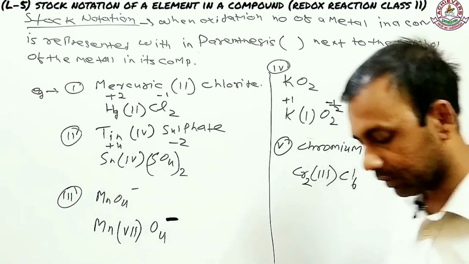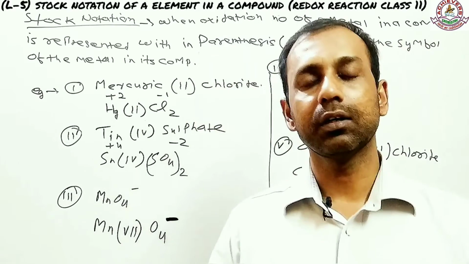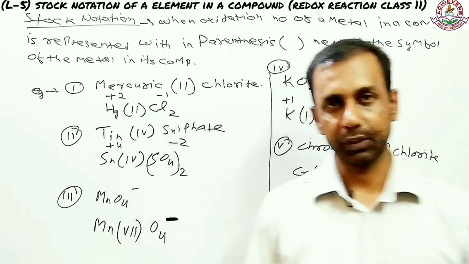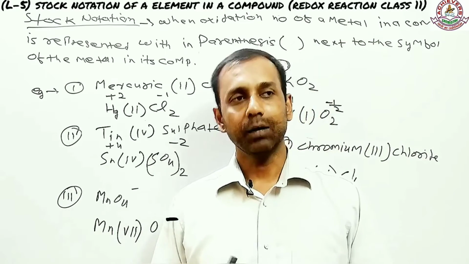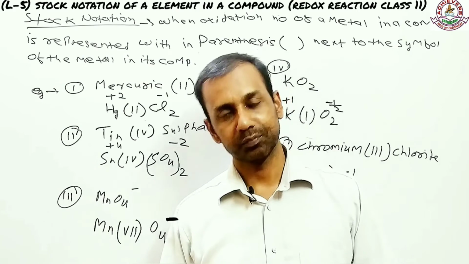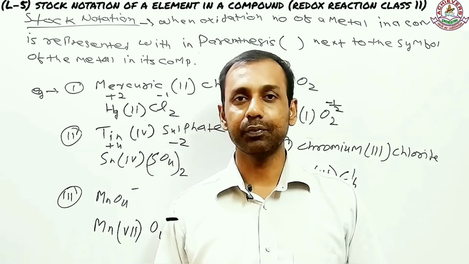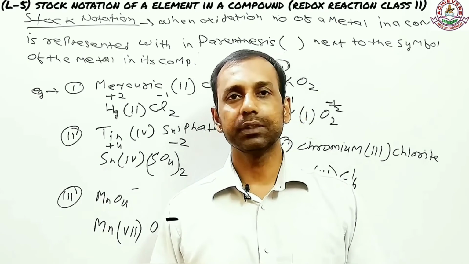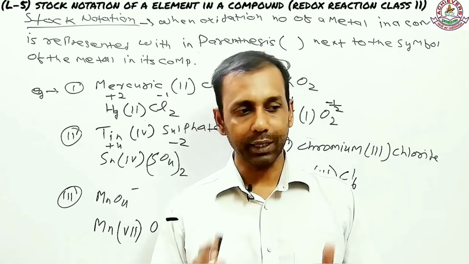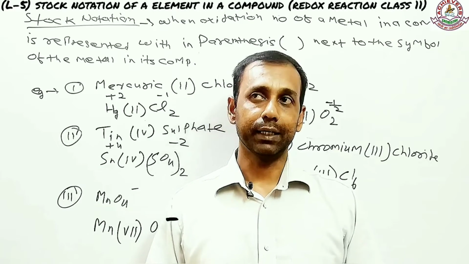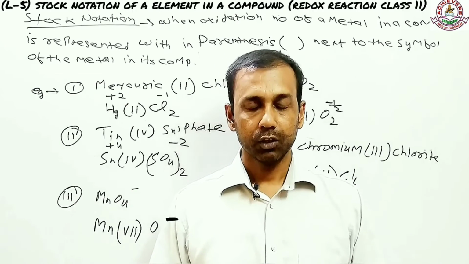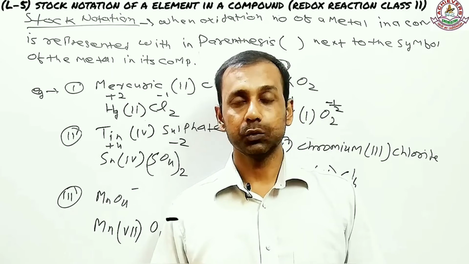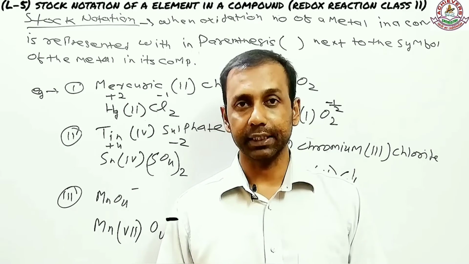Now the question is, what actually is the significance of this topic? Why was this topic even started? This very small one was started by a person named Alfred Stock. Why did he come up with this topic? Because an atom in different compounds can have different oxidation states. If you just write the formula, you don't get to know the oxidation state.